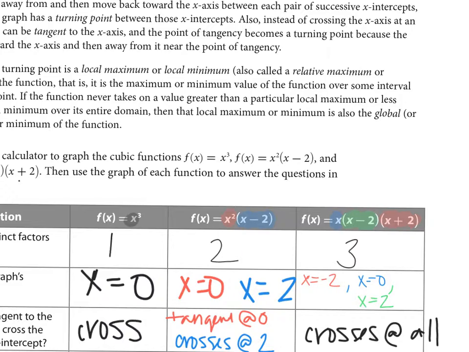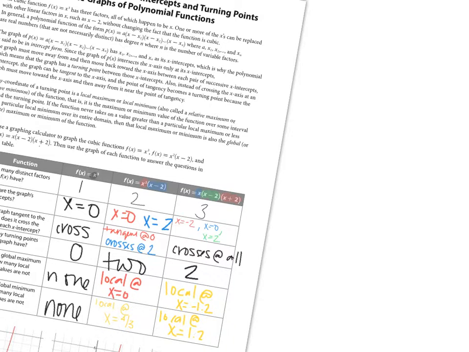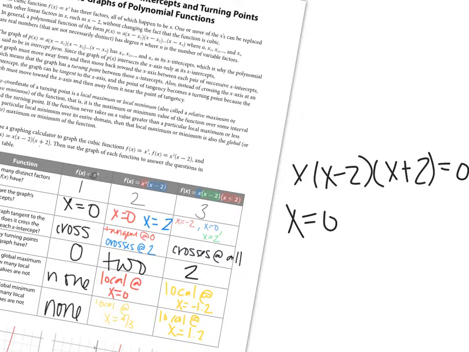That makes sense because one of the things that we learned a while back was that when we have something like x times x minus 2 times x plus 2 equals 0, there's this thing called the zero product property that says if I'm multiplying some things together and I get 0, then one of those things has to equal 0. So x equals 0, or x minus 2 has to equal 0, or x plus 2 has to equal 0.